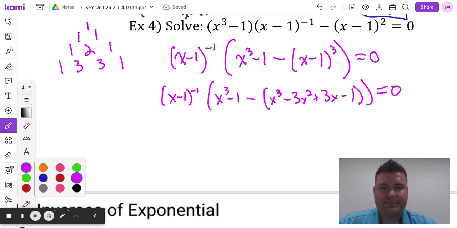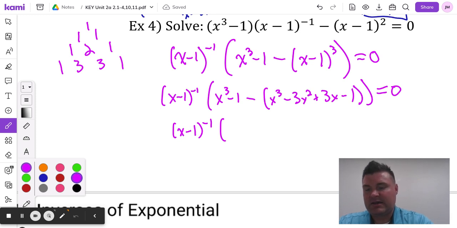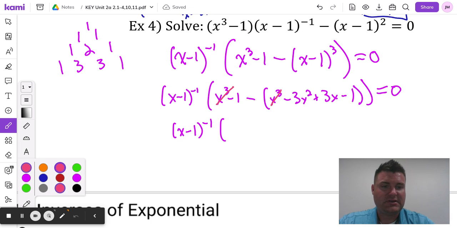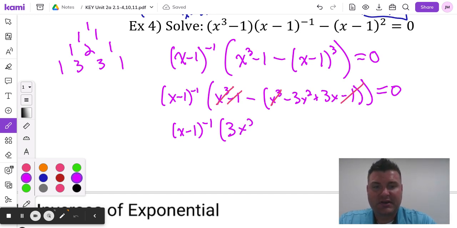How fun. Okay, so now a real quick rewrite here in this first term. x minus 1 and the negative 1. Now on the inside here, I'm going to get an x cubed cancels out with that x cubed because you're subtracting those. This negative 1 cancels out with this negative 1 again because you're subtracting those. Leaving me with this negative minus a negative 3x squared. So it's a positive 3x squared and then minus 3x.